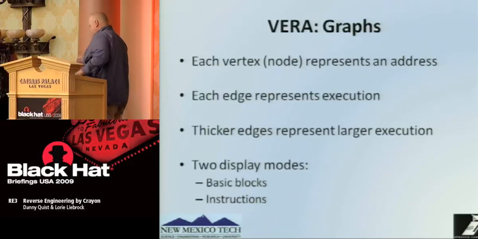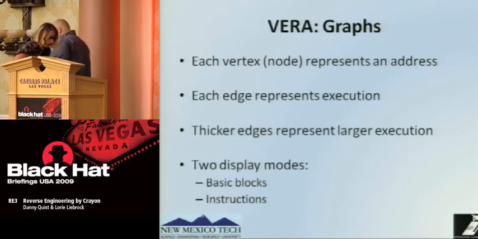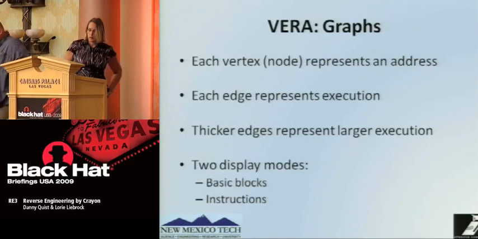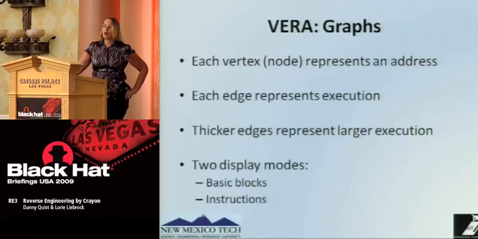So in the VIRA graphs, what we're looking at really is each vertex or node in the graph is going to represent an address. That address that we're looking at is either an instruction address or it's the beginning of a basic block. All right? So there's two different views you can look at here.